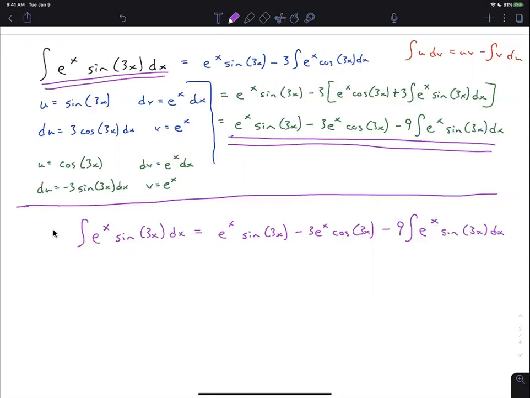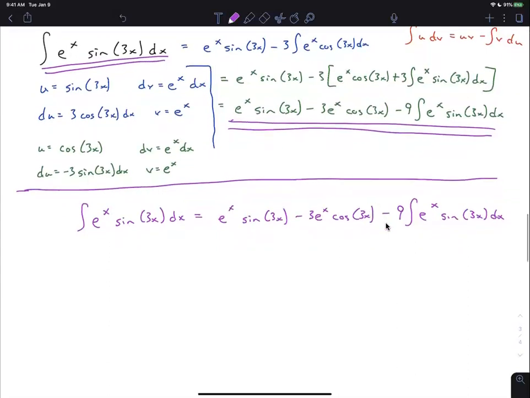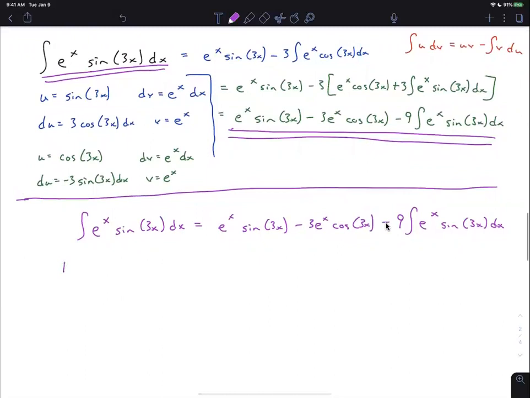Now, we are trying to figure out what this integral is. And you can't tell me, if I'm giving you this on a quiz or test or homework, if I tell you solve this integral, you cannot tell me, okay, well, it's equal to this minus 9 times itself. Okay, we can't do that. But what we can do is solve for it. So I'm going to write the next step, and I want you to figure out where I'm getting it.